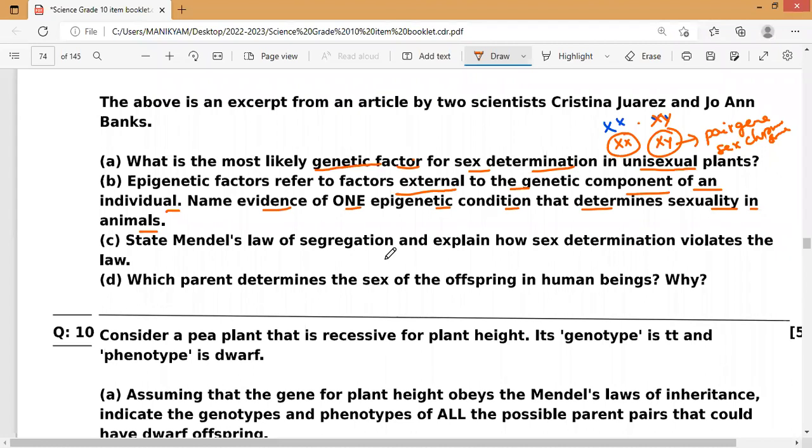If you take a turtle, what is the scientific name of the turtle? Anyone? Turtles, like a tortoise. Understanding? In turtles, high incubation temperature leads to development of female offspring. Such a beautiful question it is.